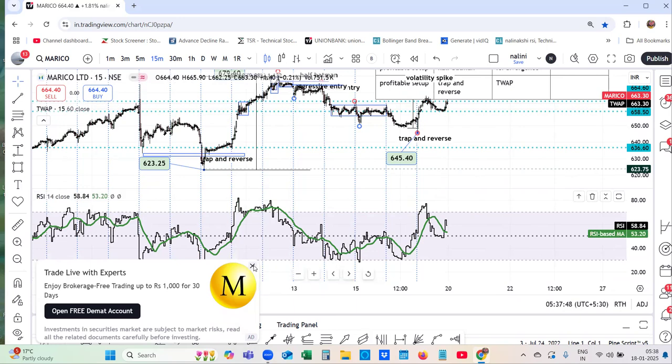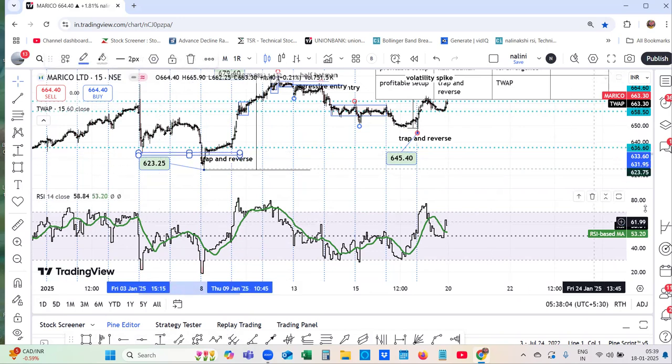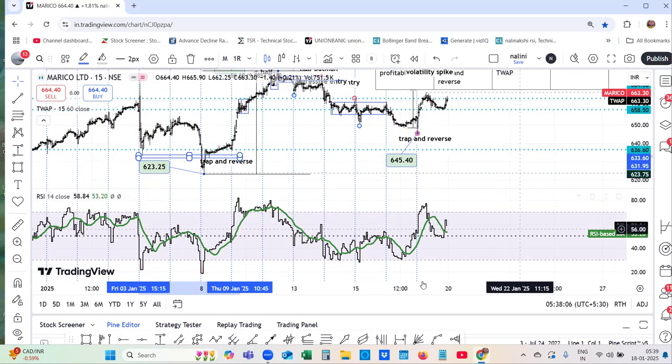If I enable the RSI, you can see in the trap and reverse, RSI oversold. You are not going to see any divergence or anything. This is a quick snapback. So you are not going to get anything like RSI divergence.